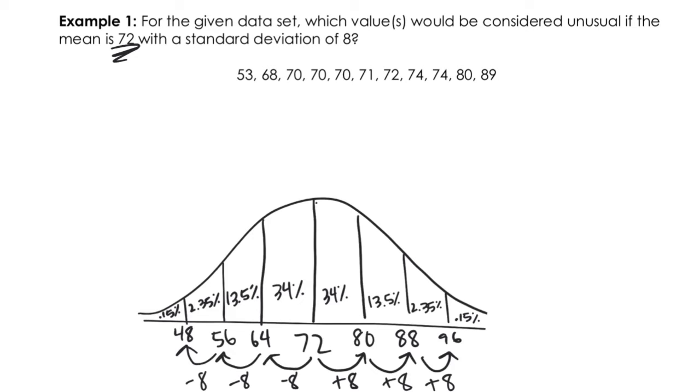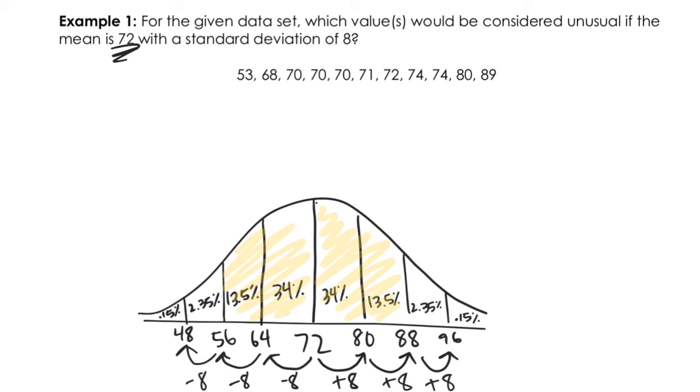So they told us that when we're looking in our data, the middle 4 columns, or 2 standard deviations away, 2 to the right and 2 to the left. So 2 to the right would be these 2. And 2 to the left would be these 2.